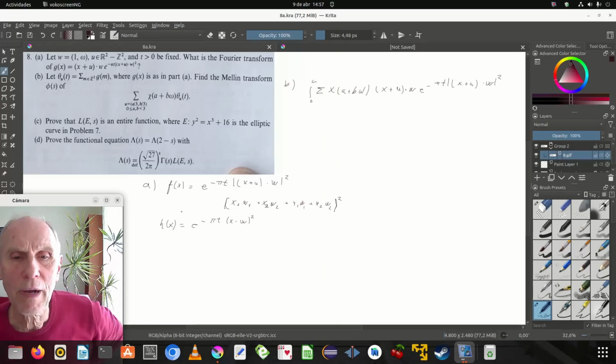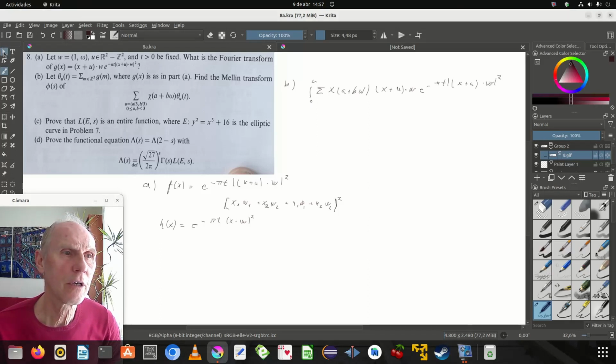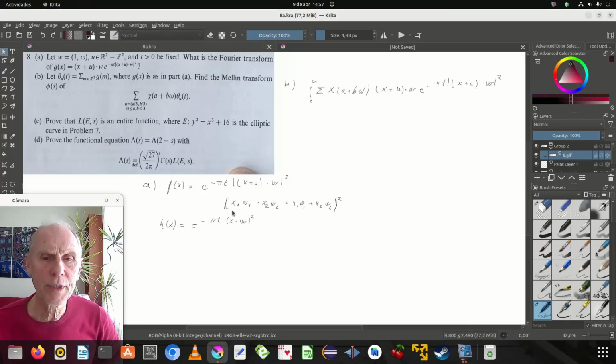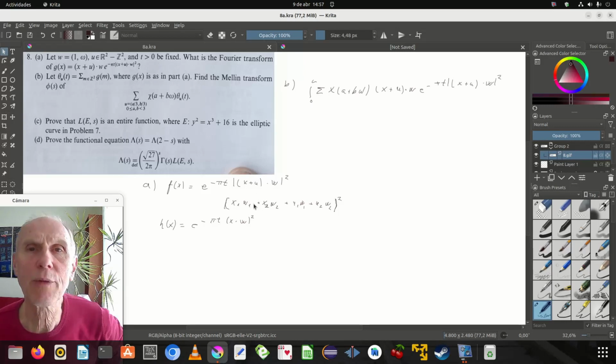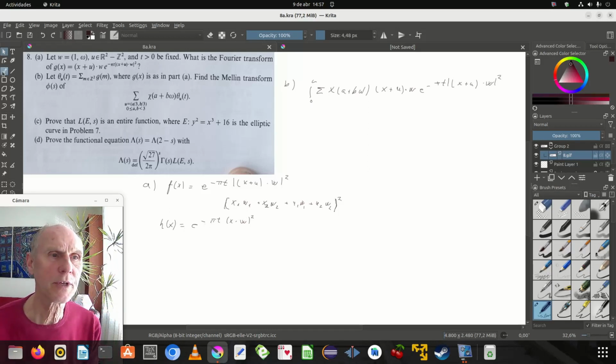I've thought a little about it, and I have 2 ideas. One being to expand this and then complete one of the squares, and the other to diagonalize the matrix. But I think it's the same work, so let's apply the simplest method.